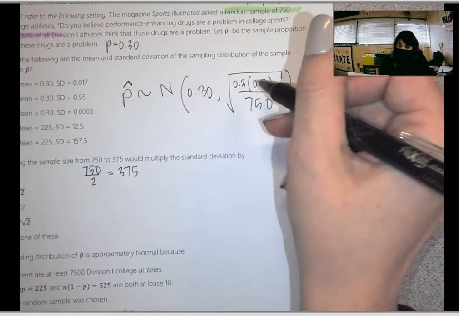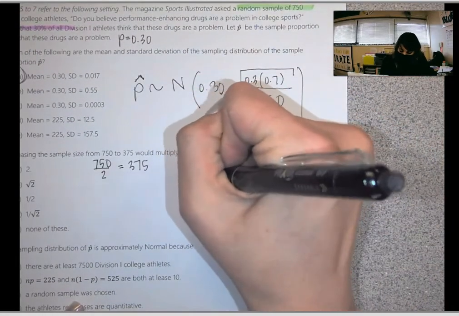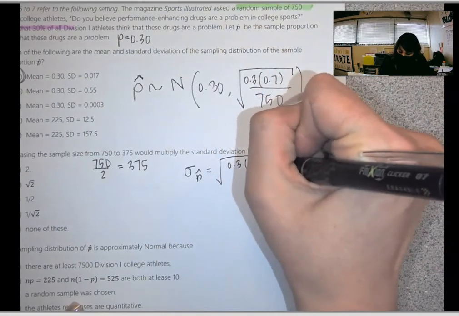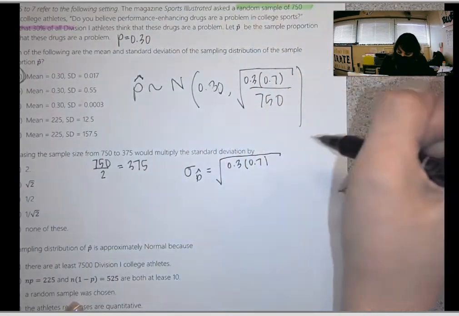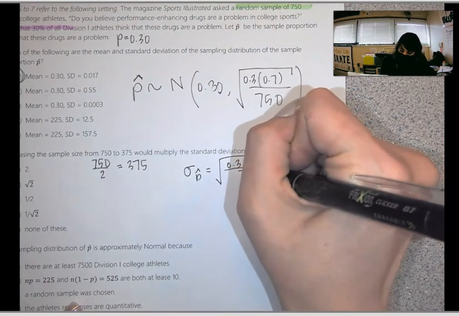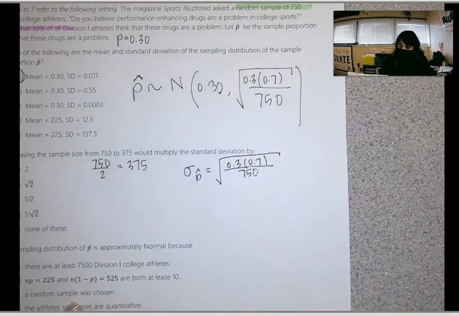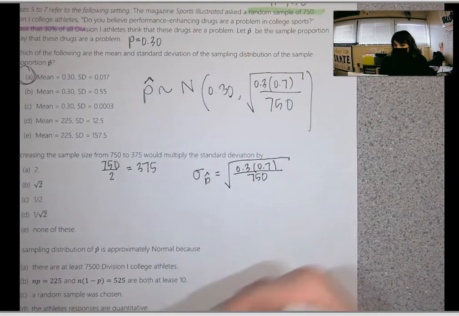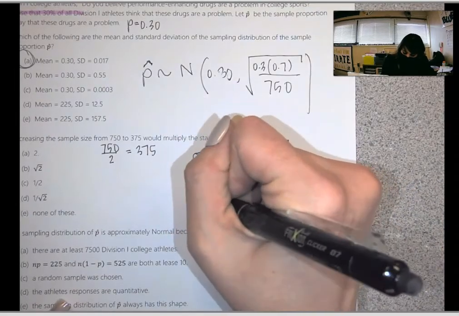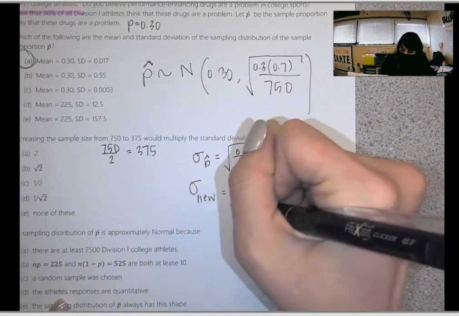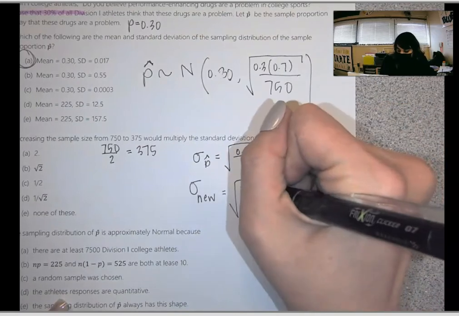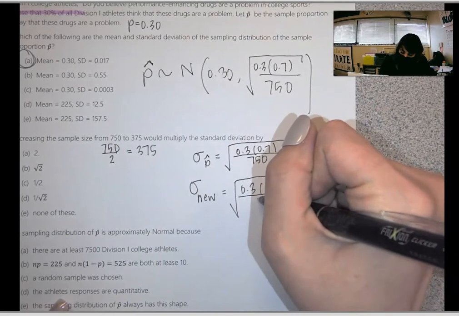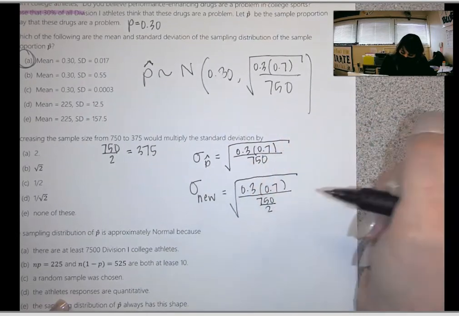Up here, I have that the standard deviation of p-hat of the original sample is equal to this. Well, sigma of the new sample looks very similar: 0.3 times 0.7 over 750 divided by 2.